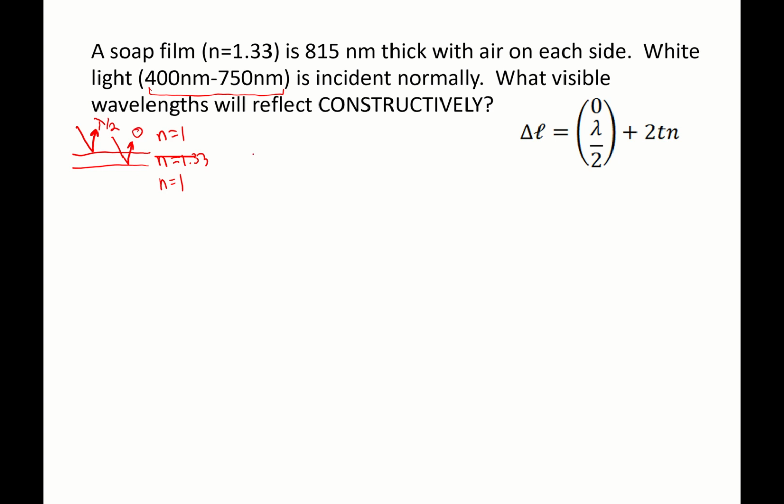So my equation is then that delta L is equal to lambda over 2 plus 2t times index of refraction of the film, which is 1.33. So that's going to be lambda over 2 plus 2.66 t. And the t is 815 nanometers.